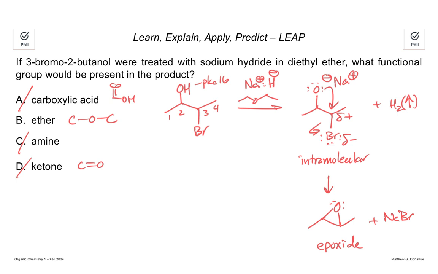And so why does this happen even though it's forming something with ring strain? Those things are right next door to each other. So not much has to happen for that nucleophile to see that electrophilic carbon and just slam shut.